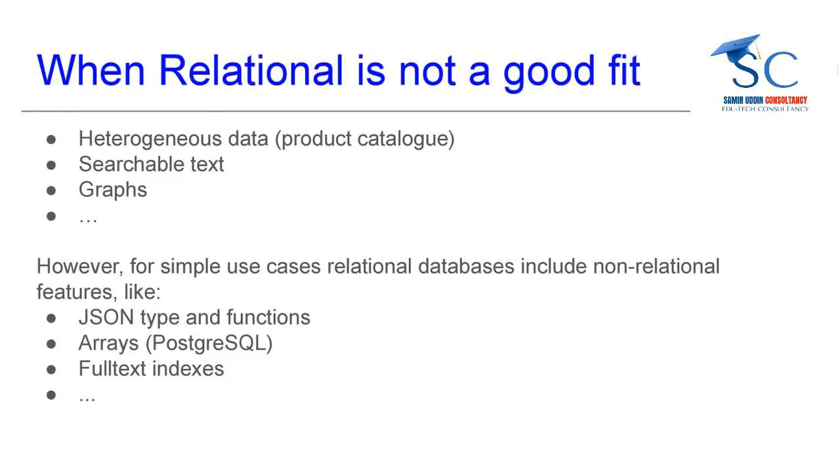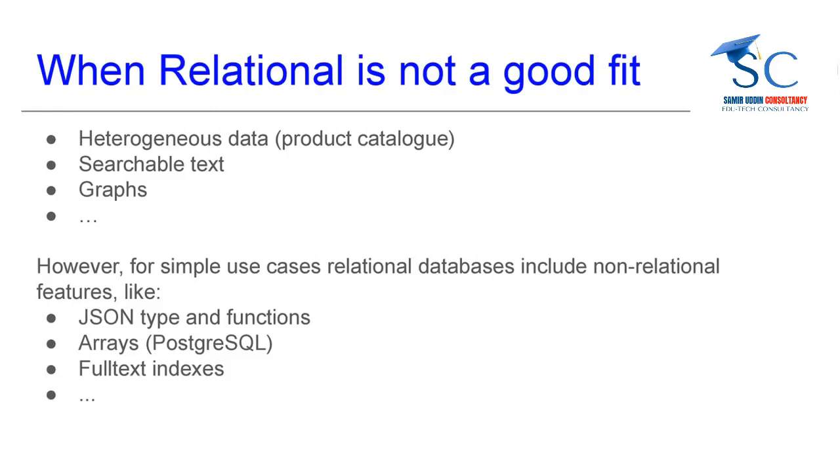But if you think about it, more recently, all relational databases, at least all the most common relational databases, added some non-relational features to allow doing these kinds of things. Probably not as efficiently as more specialized technologies built for these use cases, but still you can do them.